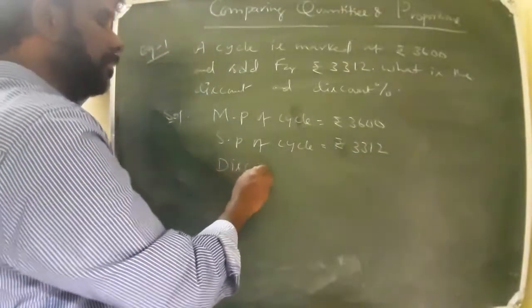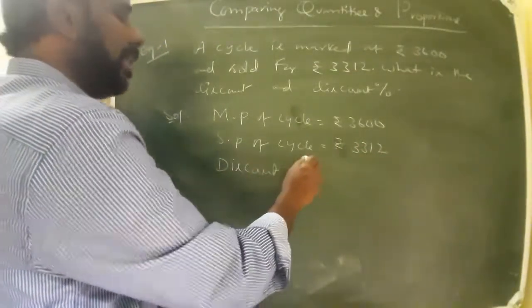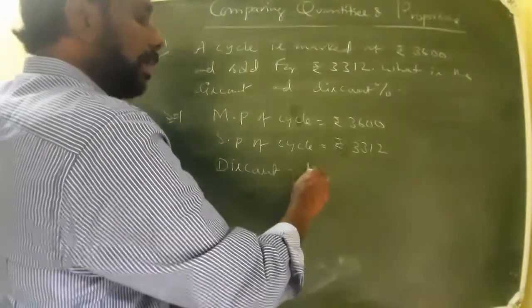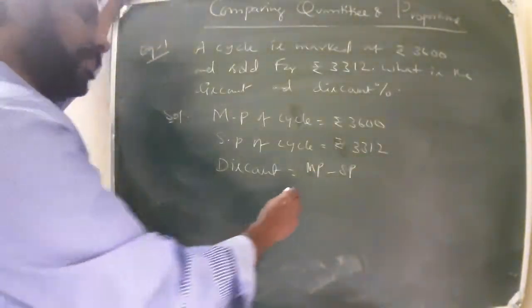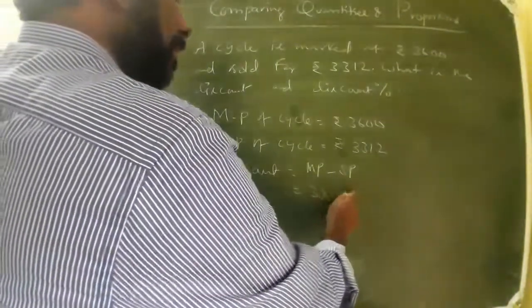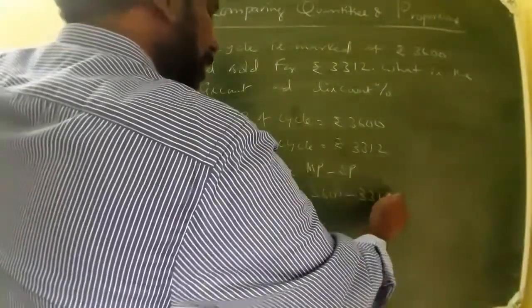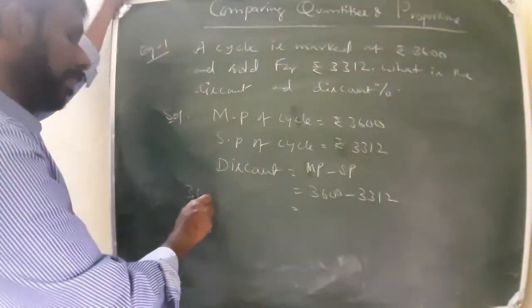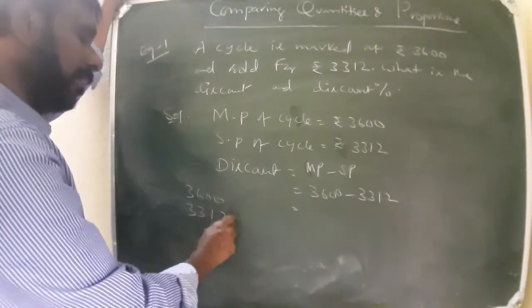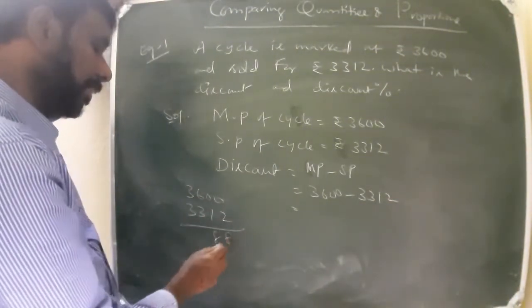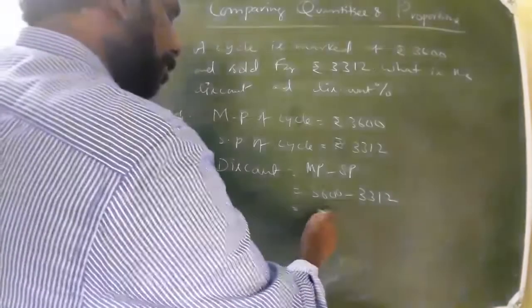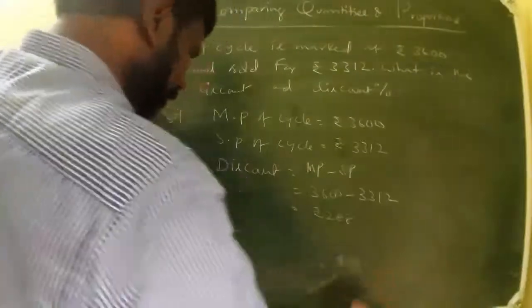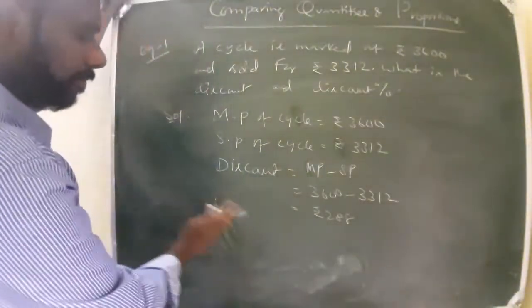So discount equals MP minus SP, that is 3,600 minus 3,312, which is 288 rupees. That is the actual discount.